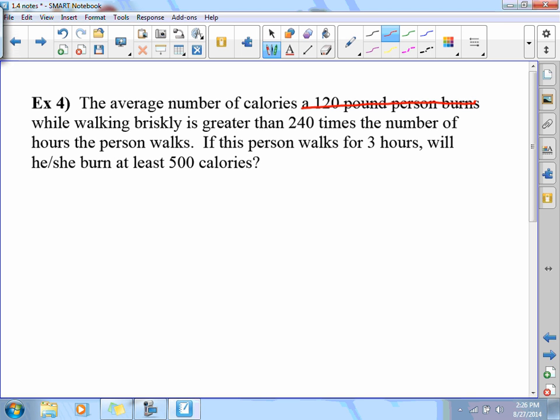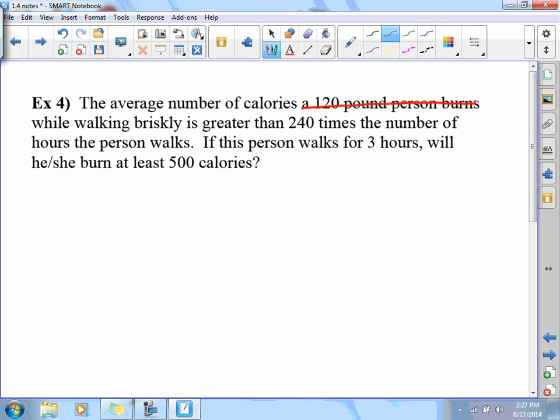We just need to know the average number of calories that a person burns while walking briskly, okay, is greater than 240 times the number of hours the person walks. So now I'm starting to get into some math lingo here, okay?